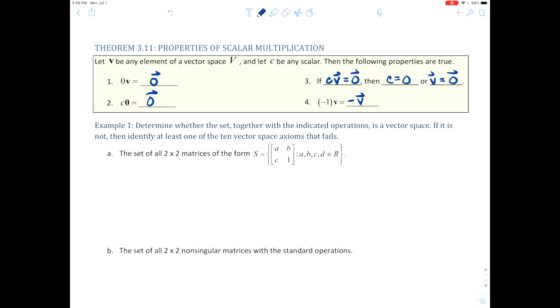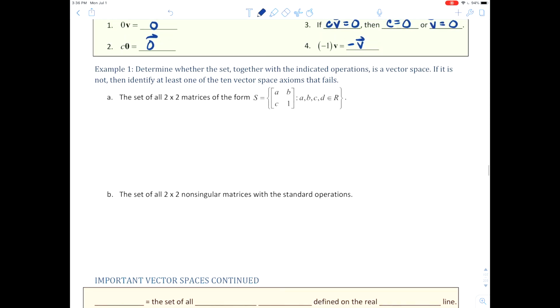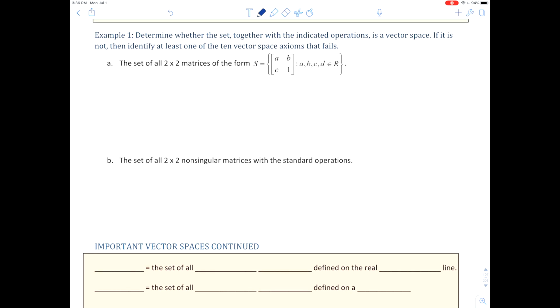Okay, so here we go. Determine whether the set, together with the indicated operations, is a vector space. If it is not, then identify at least one of the 10 vector space axioms that fails. So let's look at the set of all 2 by 2 matrices of the form S equals the matrix [a, b; c, 1], such that a, b, and c belong to the real numbers.